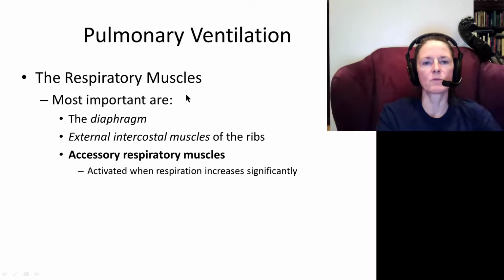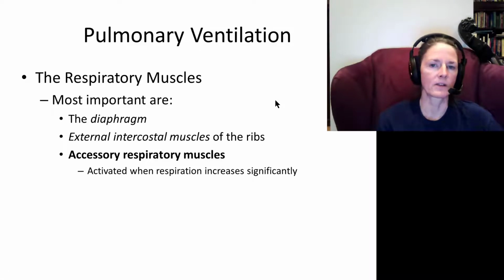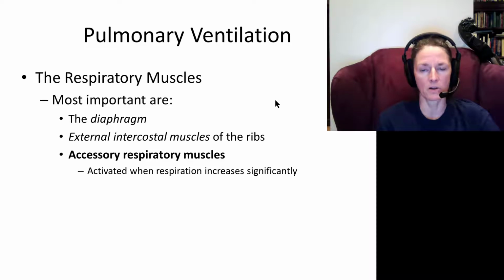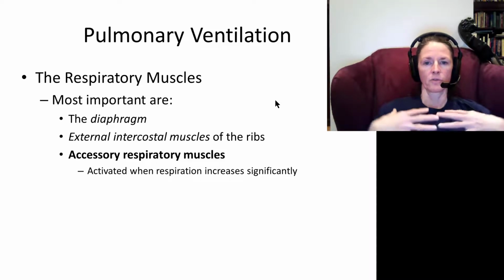All right, so the respiratory muscles, we're going to see that at rest, inhalation is an active process and exhalation is a passive one. So the most important muscles in respiration are the diaphragm and also the external intercostal muscles of the ribs, because the diaphragm is going to pull down when it's contracted, and that's going to increase the thoracic volume from the bottom, and the external intercostal muscles will lift the ribs and the sternum.